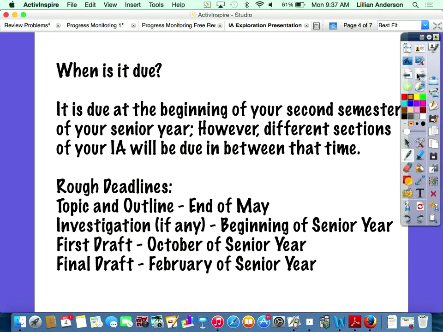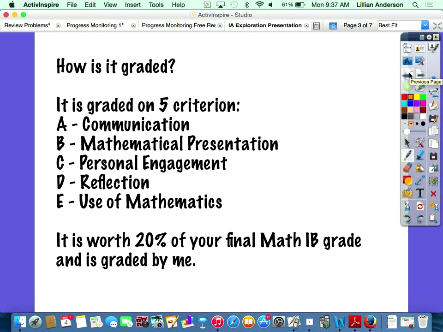Okay? Yes? Aren't the other classes' IAs harder because the studies IAs are more math driven? It is more on data collection. Y'all's is more of an essay versus a research paper. Theirs is more like a research paper. Y'all's is more like an essay. So basically, I feel like when I look at the two types, this leaves a little more room for creativity.